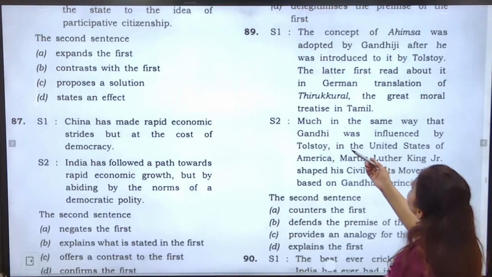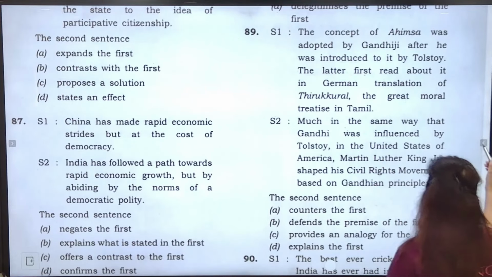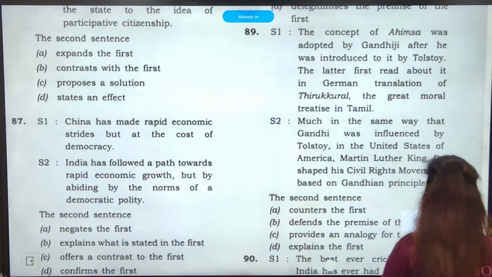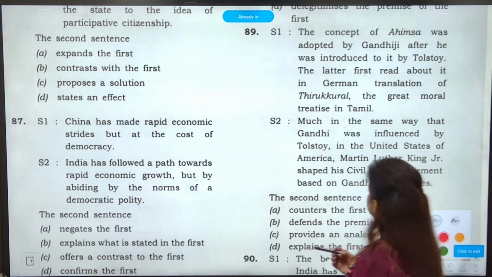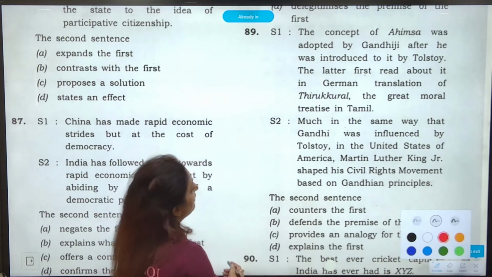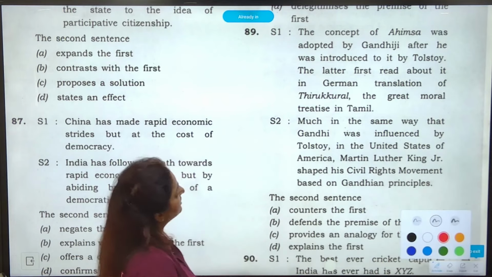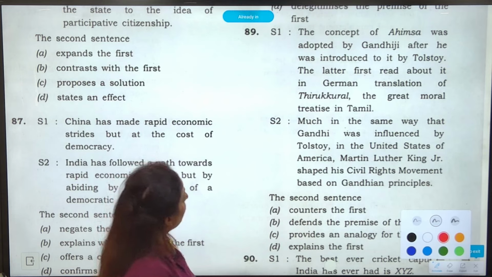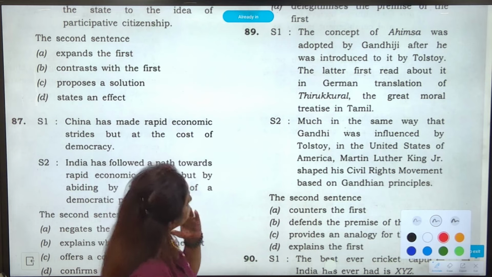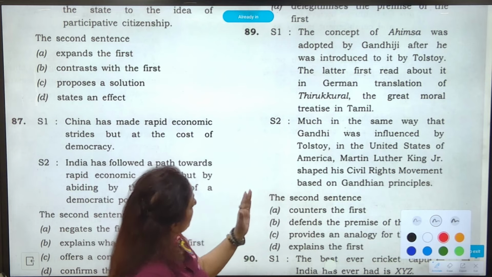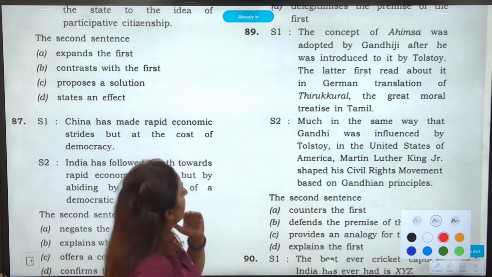Question 89. Let's read. The concept of ahimsa was adopted by Gandhiji after he was introduced to it by Tolstoy. The latter first, it means Tolstoy first read about it in German translation of this great moral treatise in Tamil.